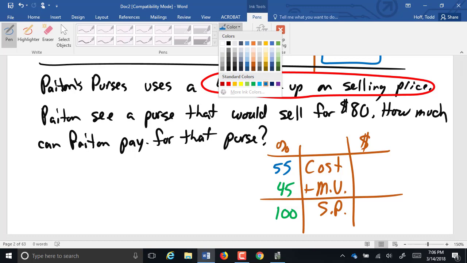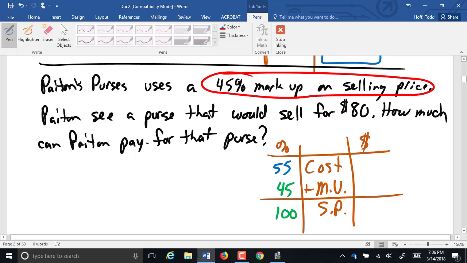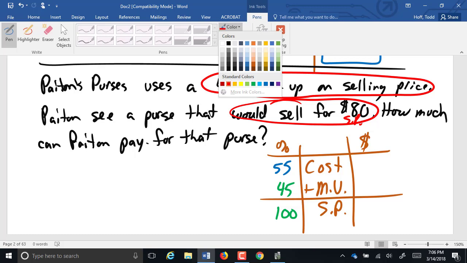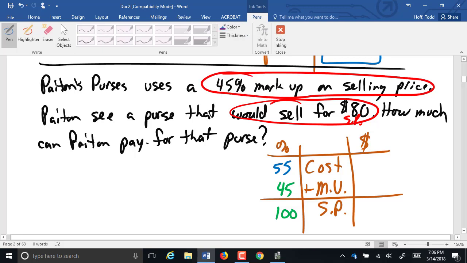Now the question is, what does the 80 stand for? It would sell for 80. That is the selling price. That's what Peyton would turn around and sell it to a customer for. We want to know how much Peyton can pay for it. We're trying to find what Peyton's cost would be.